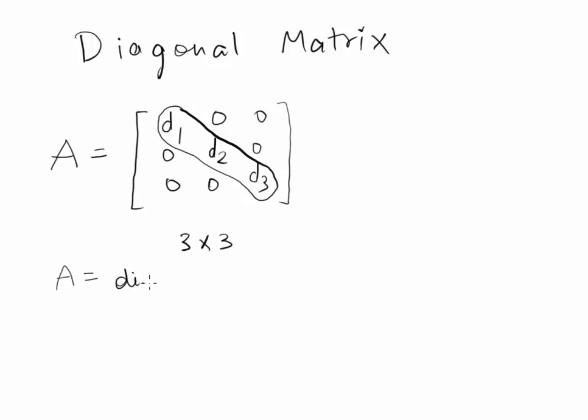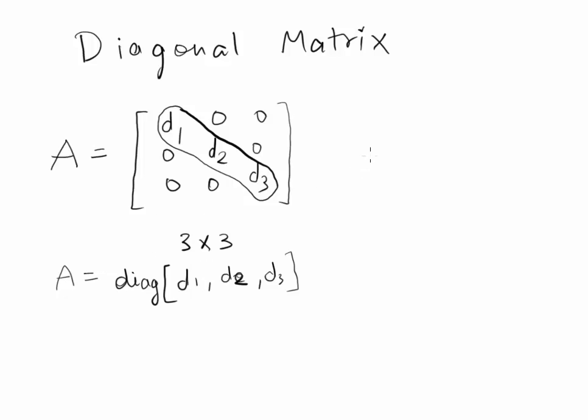DIAG, which is short for diagonal, and then we simply list all of the elements in the principal diagonal separated by a comma: D1, D2, D3. So both of these notations are representing the same matrix, which is A.